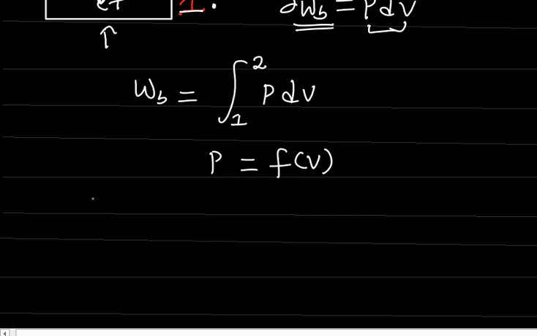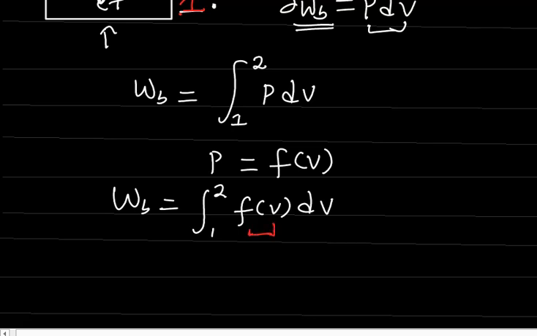So in that case, the boundary work is going to be equal to the integral from state 1 to state 2 of pressure, which is a function of volume, with respect to dV. So whatever function you have of volume, you put it here, then you integrate.